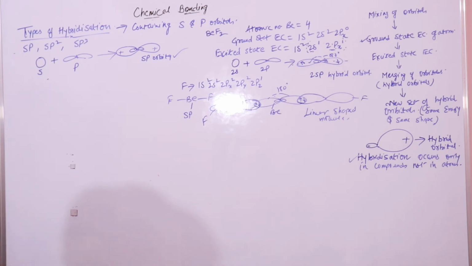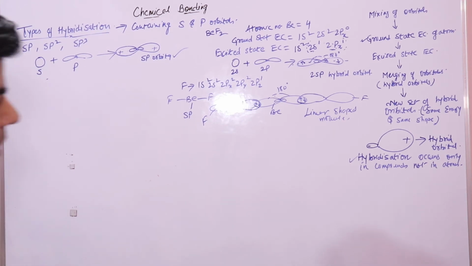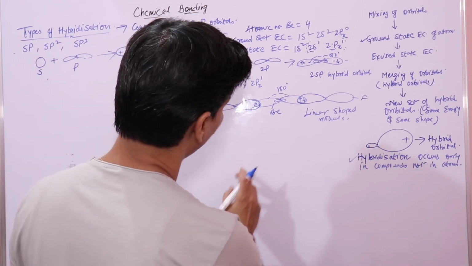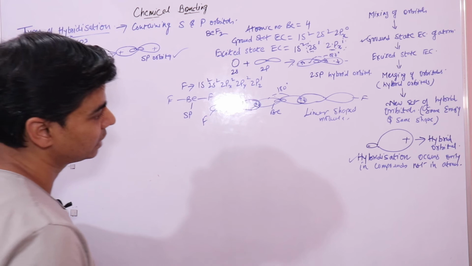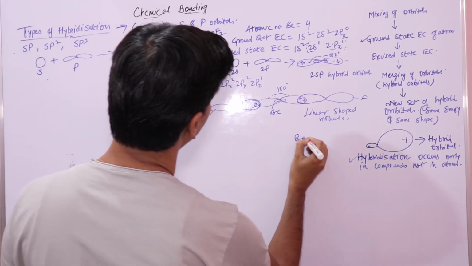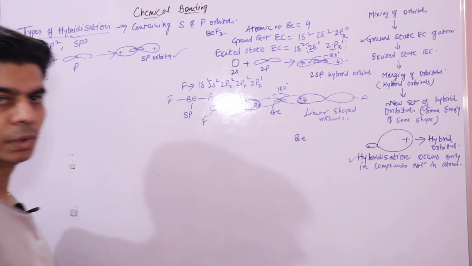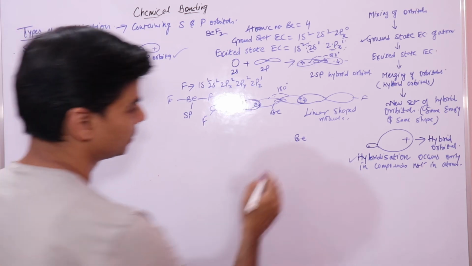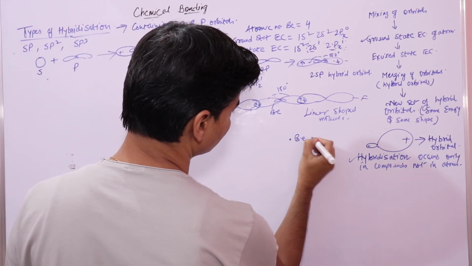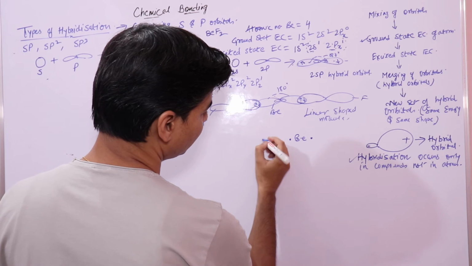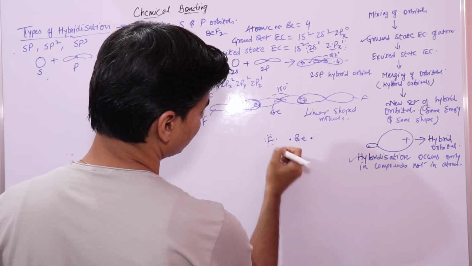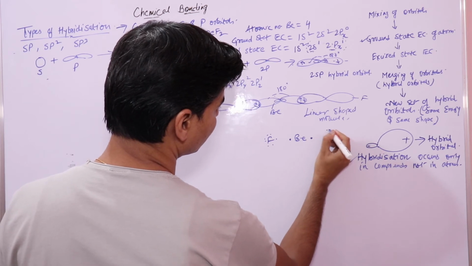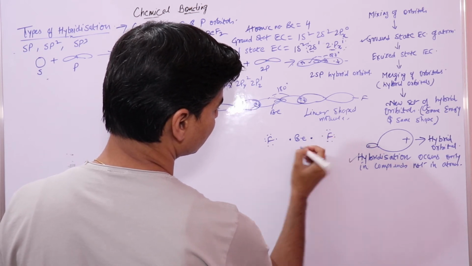This is it. If you quickly look at it from VSEPR theory perspective, if you want to explain the shape of BeF2 based on VSEPR theory, we know that beryllium has 2 electrons in its outermost orbit, right? And fluorine has 7 electrons in the outermost orbit, like this.